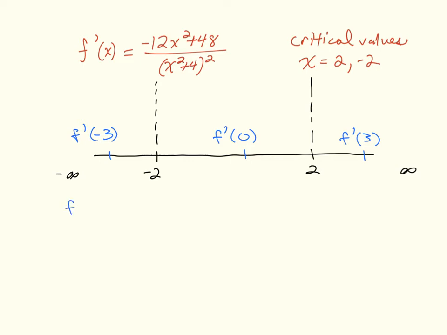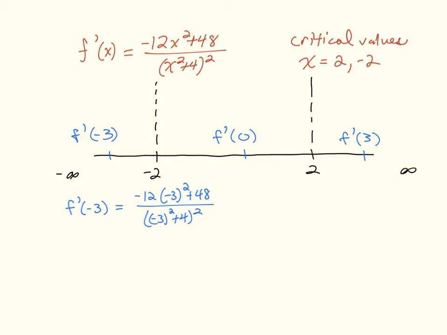So let's find f prime of negative 3. This is equal to negative 12 times negative 3 squared plus 48 all over negative 3 squared plus 4 squared.